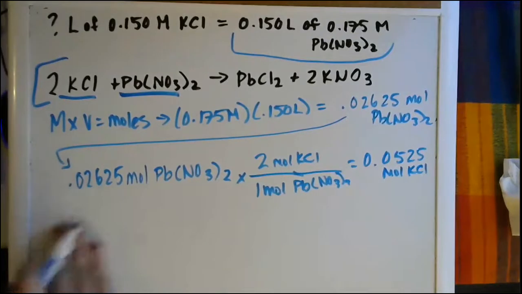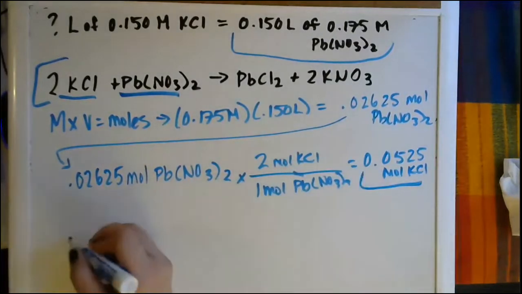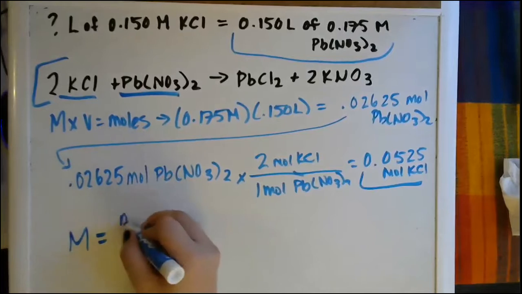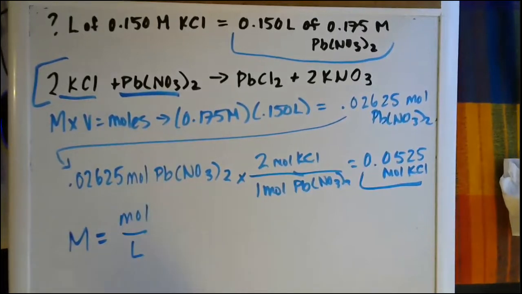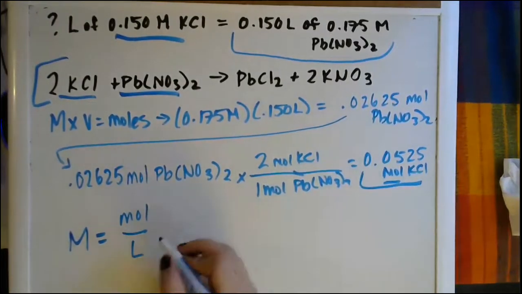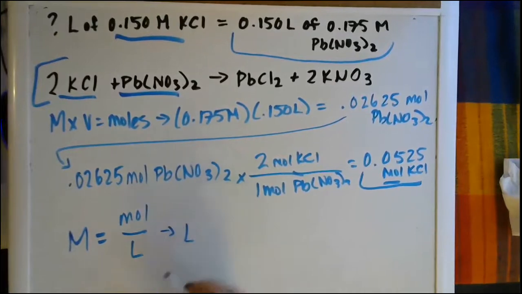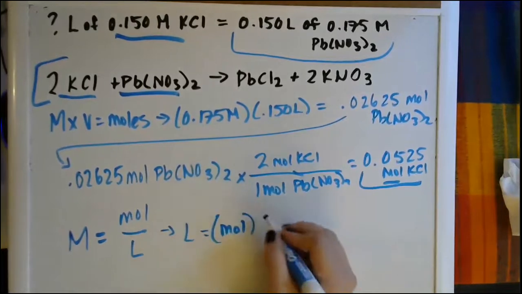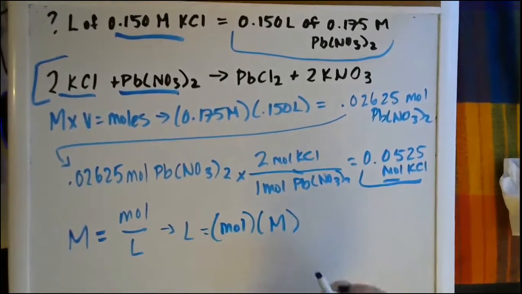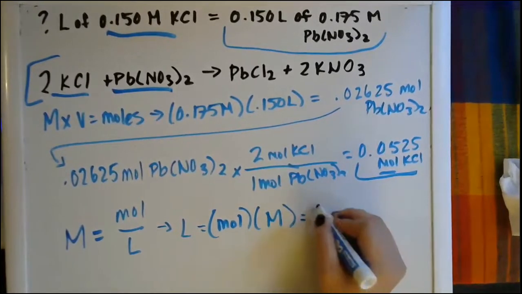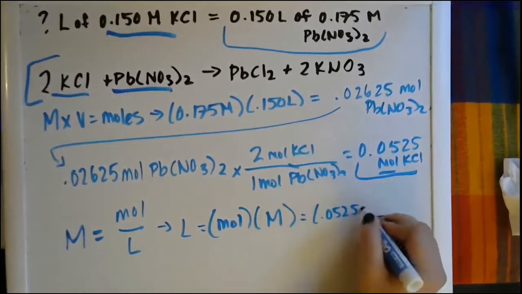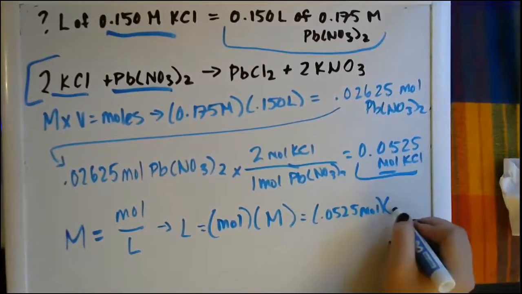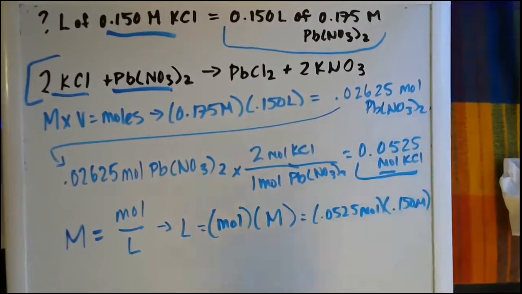Okay, now for my last step, I'm going to use this value here, and I go back to my molarity definition. In this case, I have a molarity of KCl, and now I have a mole value. So I know I can get liters by taking my moles and multiplying it by my molarity. Okay, so my liters of KCl.